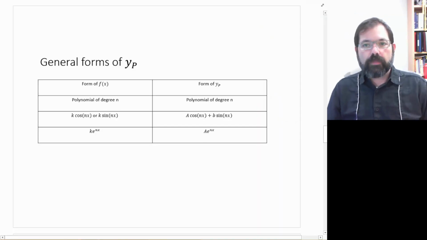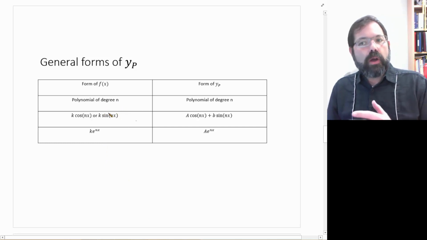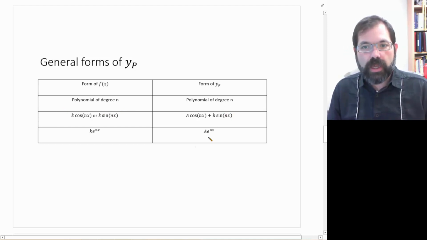All right, so a quick recap of general forms of y sub p. If our function is a polynomial of degree n, our assumed y sub p is also a polynomial of degree n.